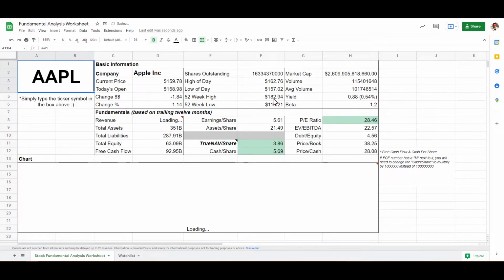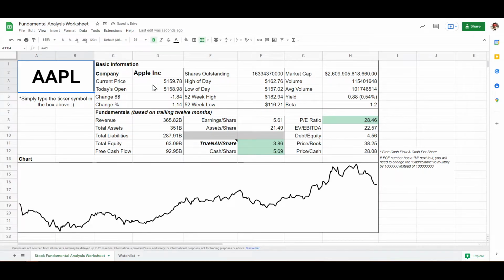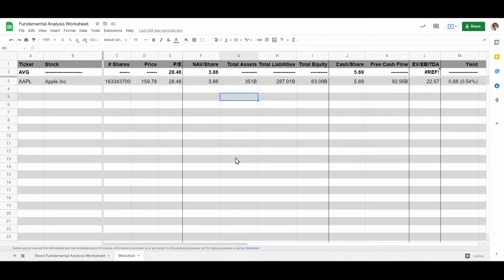All right. So now, when you use this, it spits out a little chart so you don't necessarily have to go to TradingView, but I include that because a lot of people like to see that. Once you do that, if you go to the watch list, I've got Apple in the watch list.